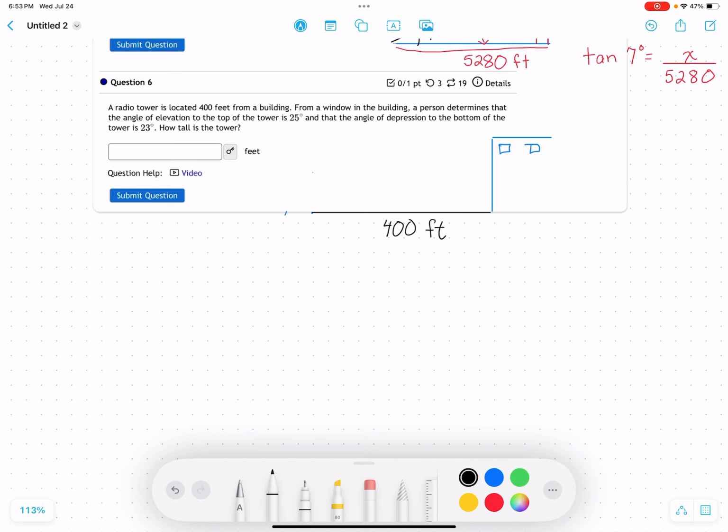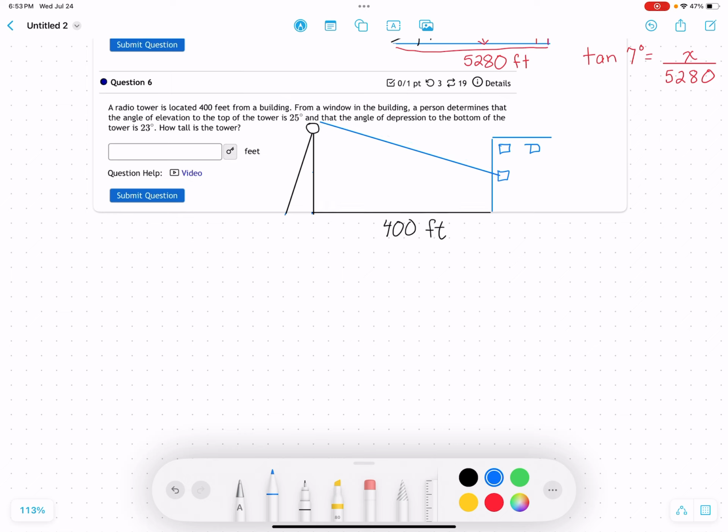So let's make this tower up here. Right there. And I'm also going to make this window right there. So from the window, this person is looking to the top of the tower.